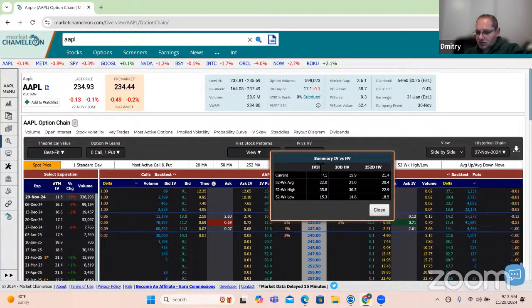So this 30-day IV is looking at a calendar month, and then it's comparing it to the previous 20 days of historical volatility. So if we looked at Apple and the last 20 trading days, and we used an open, high, low, close historical volatility calculation, this is what we get. So here in the last 20 days, we're seeing 15.9.